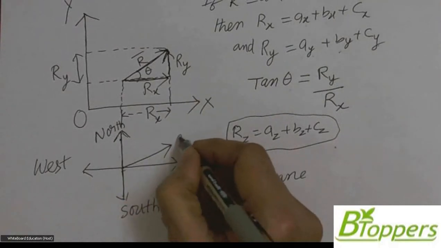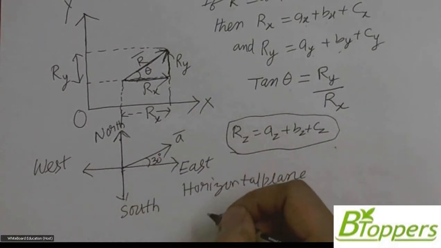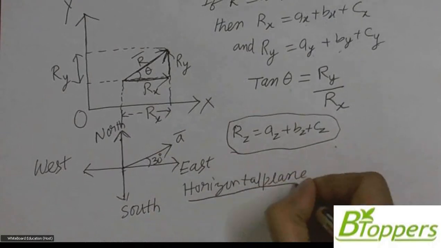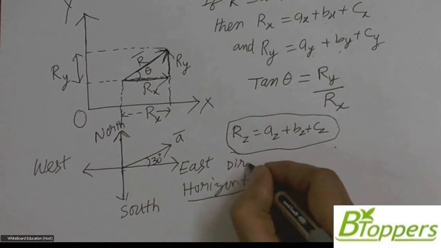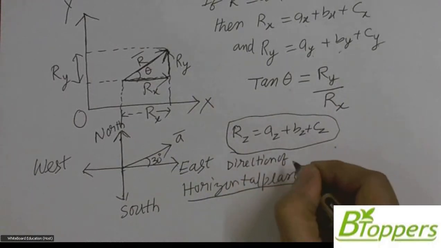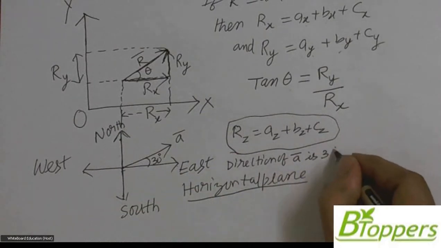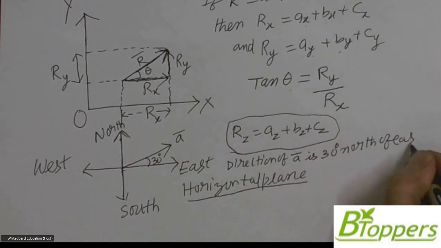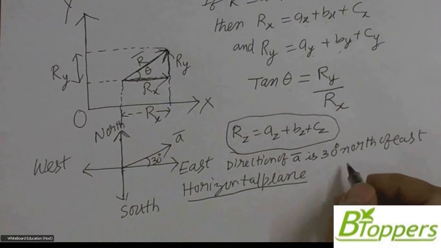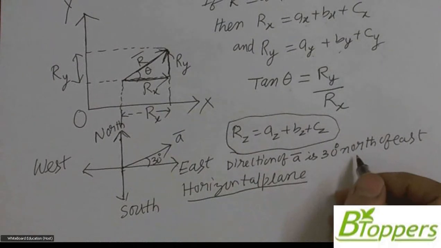Suppose a vector A bar lies in the horizontal plane and makes an angle of 30 degrees with the east direction. Then we mention the direction of vector A bar in this way. Direction of A bar is 30 degrees north of east. When we write north of east, it is to be understood that this angle is made with the east direction, inclined towards north.